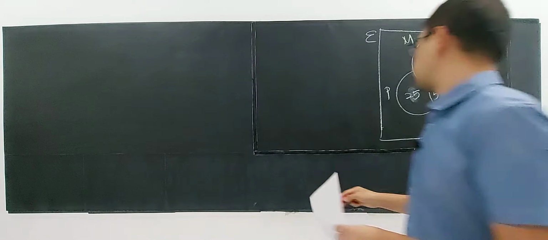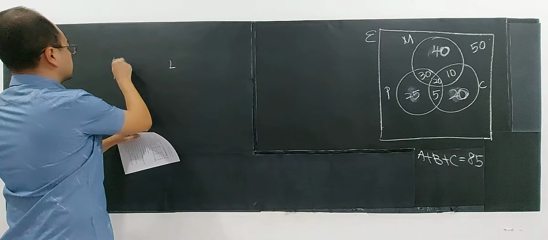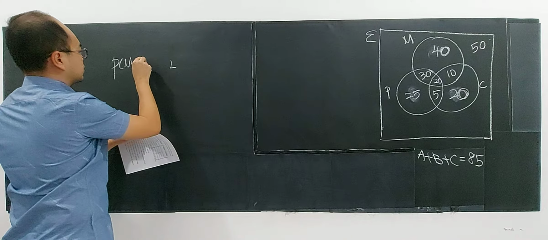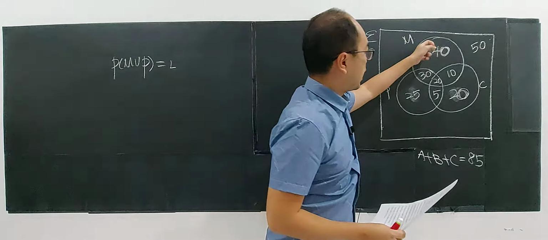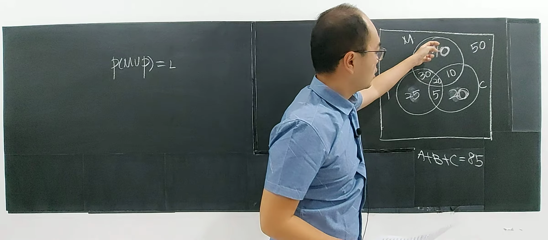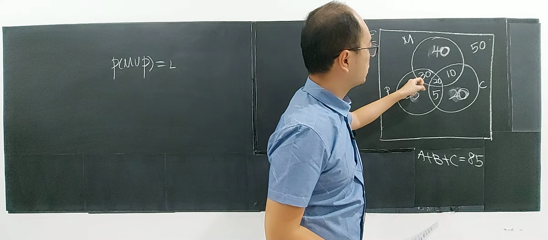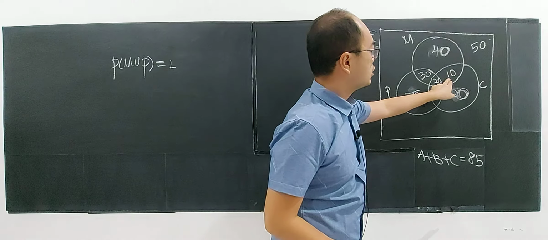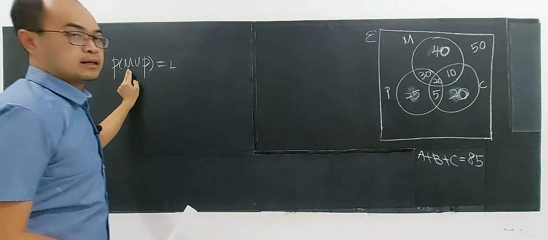So we have to total up mathematics or physics, mathematics union physics. The meaning of union here is that either they score in mathematics only, or they score in physics only, or maybe they score in both. Even though this one scores in chemistry, it scores in mathematics, so we still accept it.